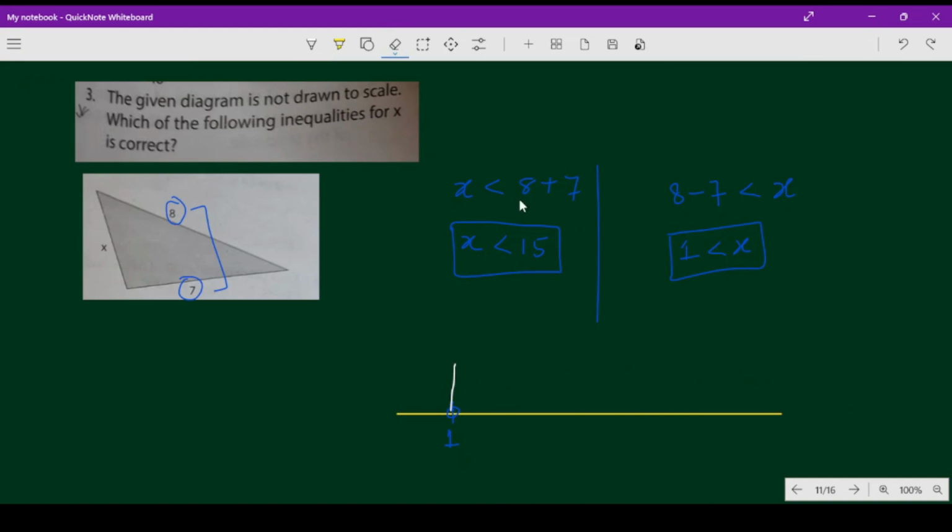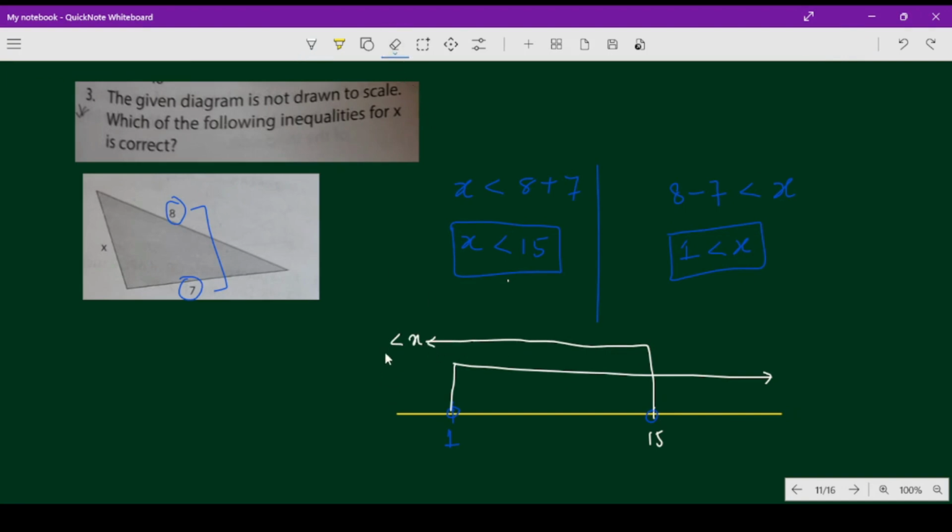So over here, this one. Now this is where x value is bigger than 1. Now here x value is less than 15, so if this is 15, all the values of x which are less than 15 will be like this.